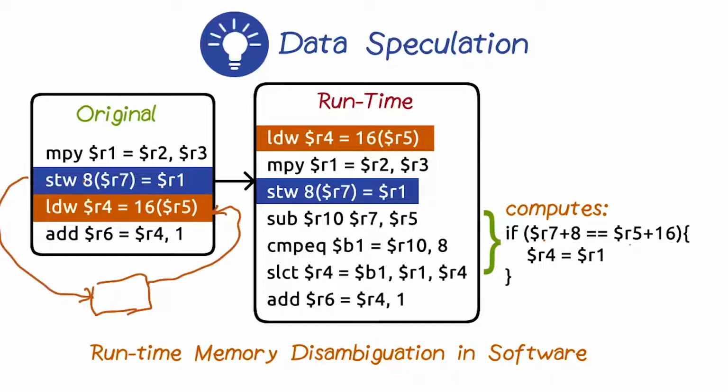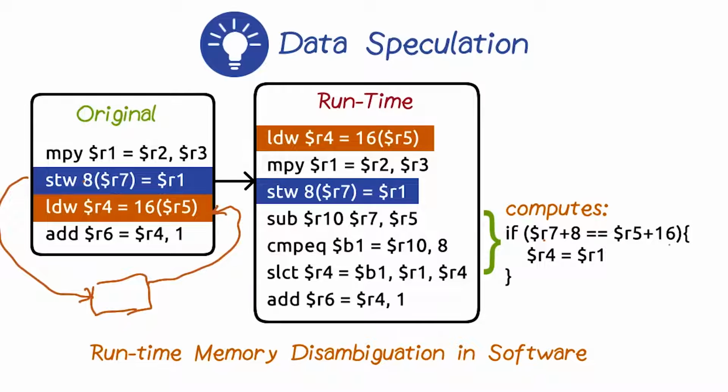This is the base address R7. This is the offset. So the addition of R7 plus 8 is being compared with R5 and 16. If these two happen to be equal, then we have a problem. So the same equation is being rearranged here in terms of this code. We are taking a difference here between R7 and R5, holding it over here in R10.